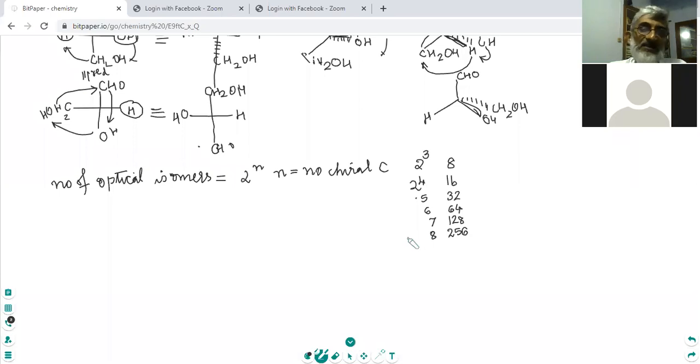See, if you have 8 asymmetric carbons or chiral carbons, there will be 256 isomers for it.